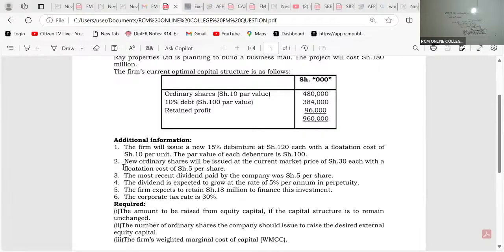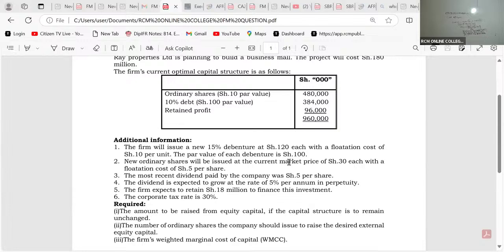We are told here in note number 2, the new ordinary shares will be issued at the current market price of 30. So that 30 stands for what? Is it DO or PO? It's a market price. So that is PO, 30.